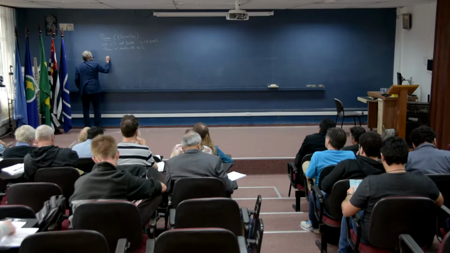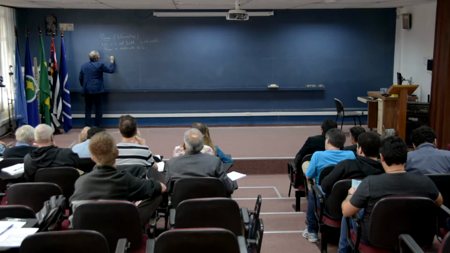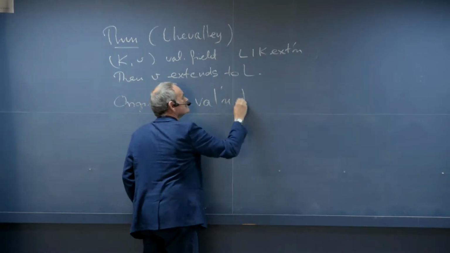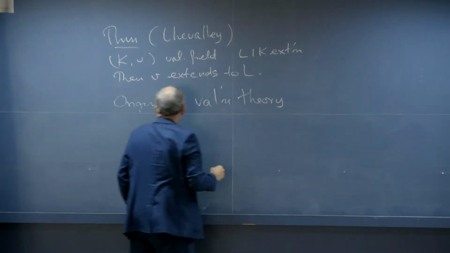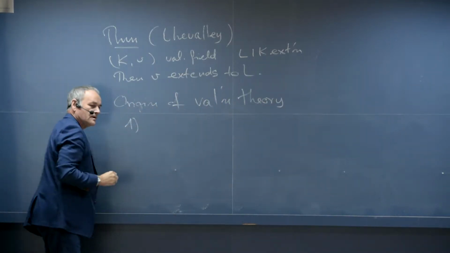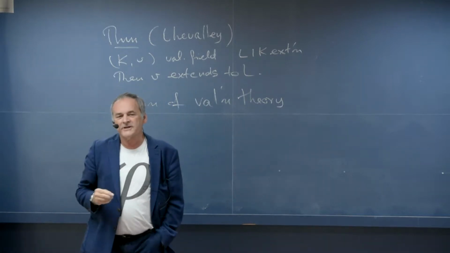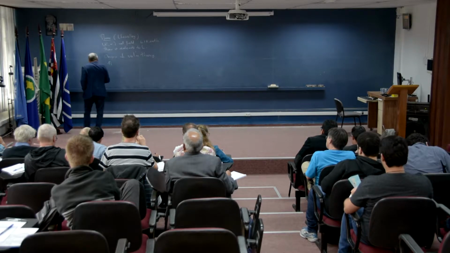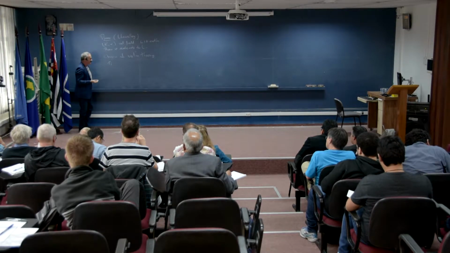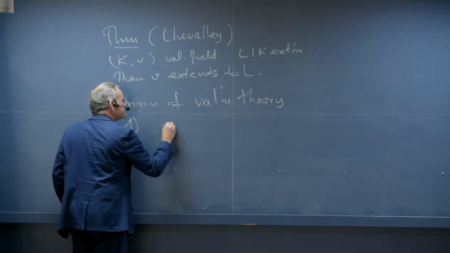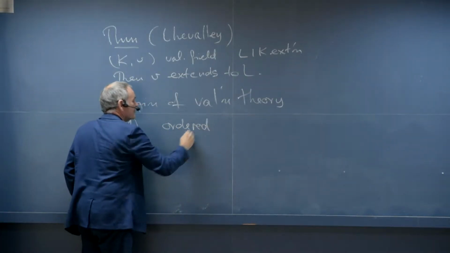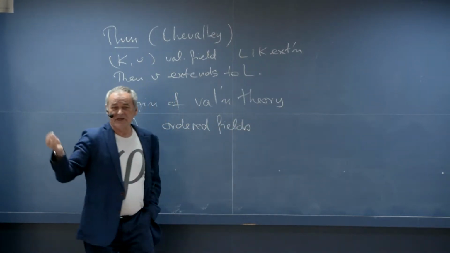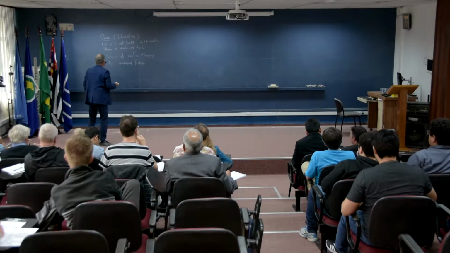Now, a little bit about the origin of valuation theory. You could say it has three pillars. In a sense, number theory was the first, as valuations were implicitly around already in the 19th century. But more explicitly, it came about first in the theory of ordered fields, and I should also add ordered groups.